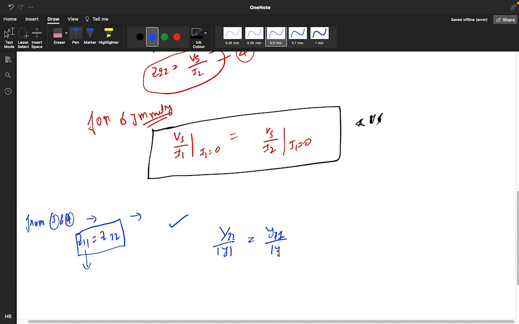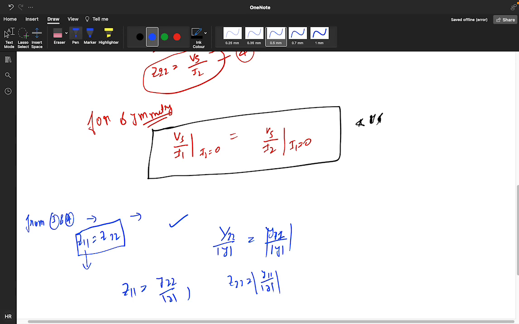Y11 divided by determinant of Y. So if you convert Z11 in terms of the Y admittance matrix, it will be Y22 divided by determinant of Y, and if you convert Z22 in terms of the Y matrix, it will be Y11 divided by determinant of Y, valid for symmetricity.